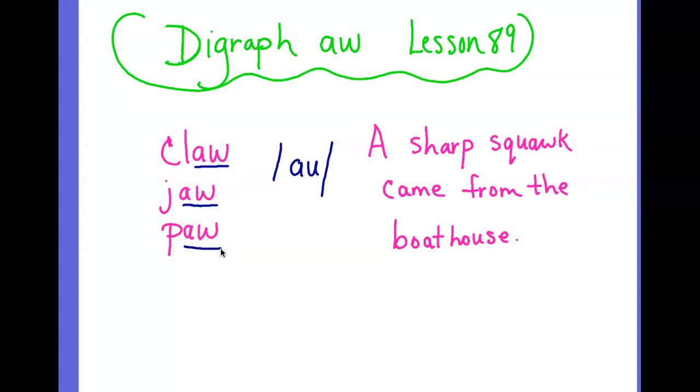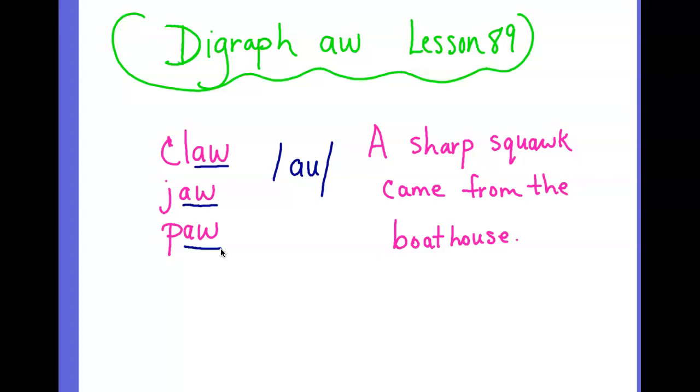Okay? All right, so what we're going to do is use these in a sentence. Can you think of a sentence to put them in? Claw. The claw, or claws with an S, on the bird was huge. Jaw. I hurt my jaw when I was chewing gum.